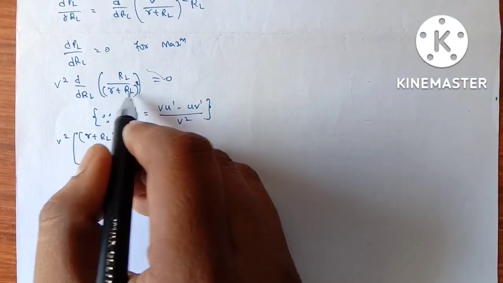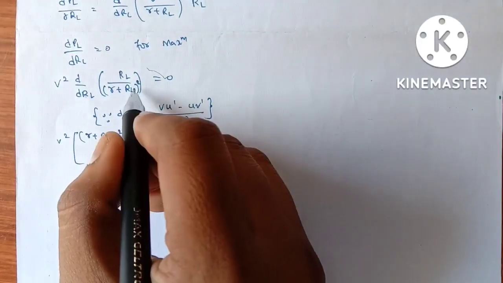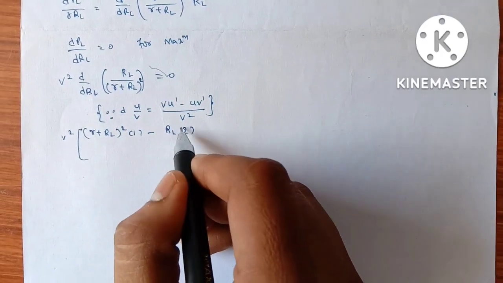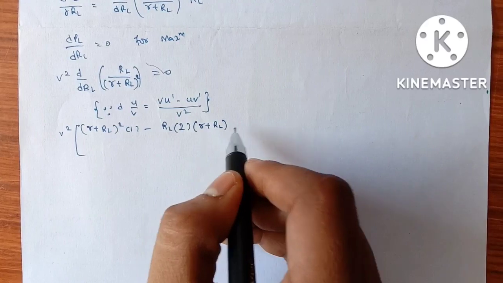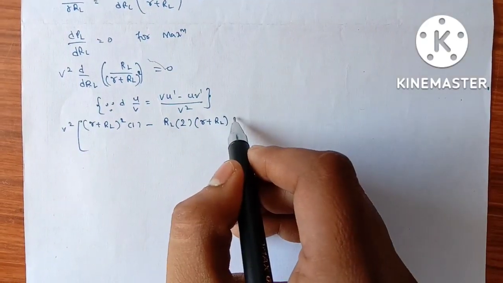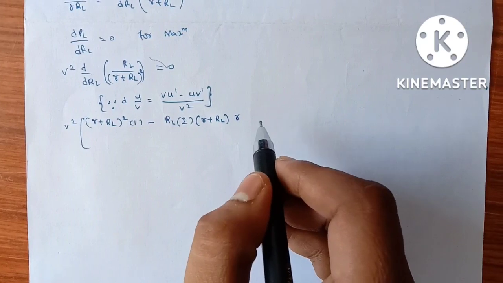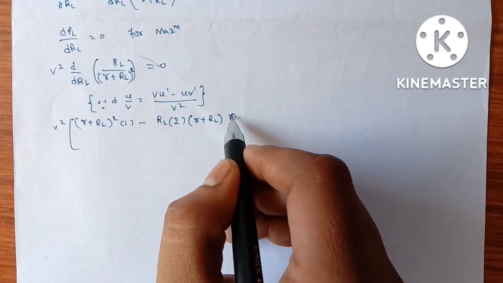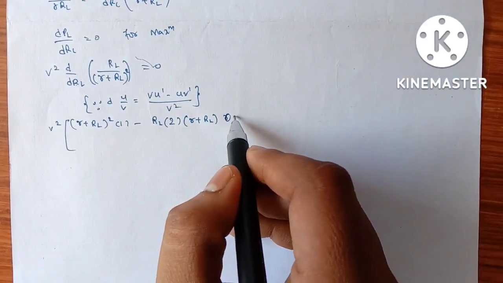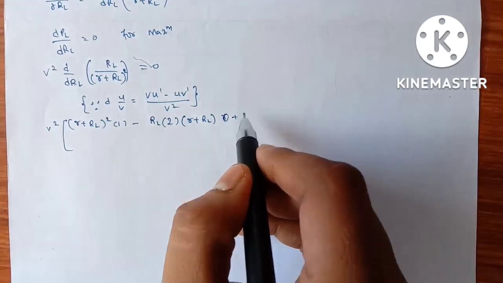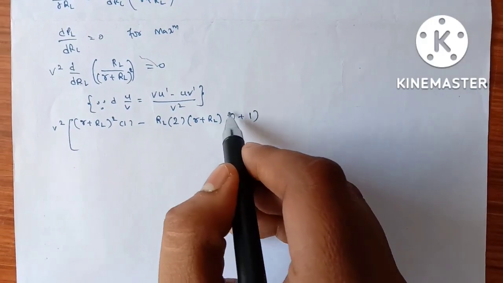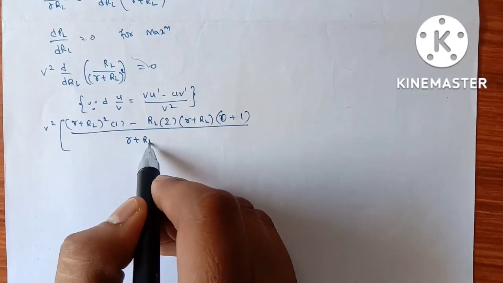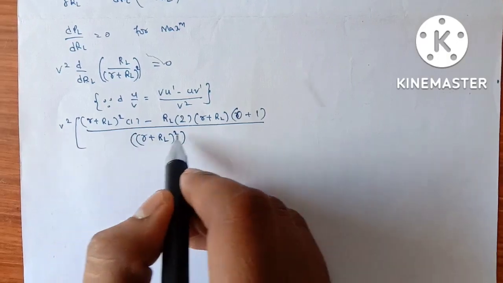V is similar to (R plus RL) whole square, so the power comes forward: 2 into (R plus RL). Differentiating this, we are left with dR by dRL, which is 0, and dRL by dRL, which is 1, all by V square, (R plus RL) whole square into whole square.